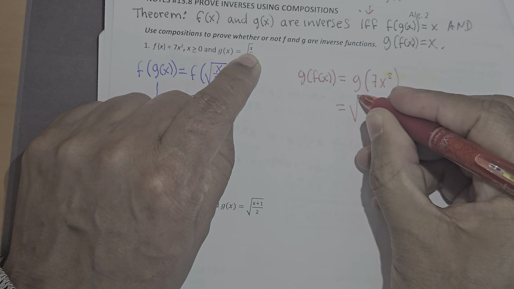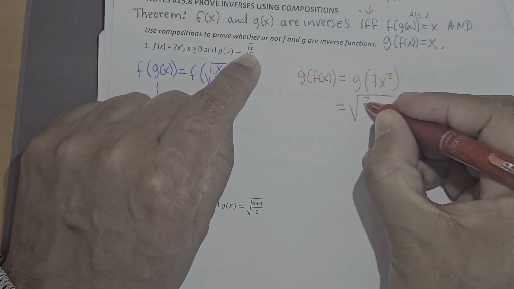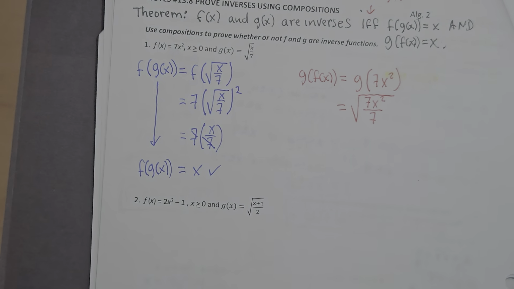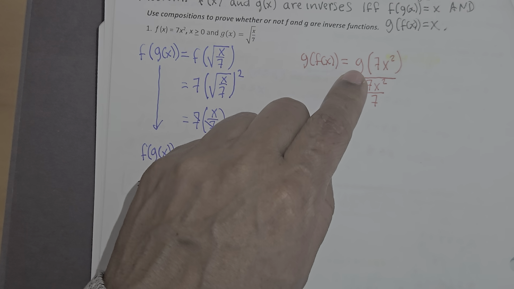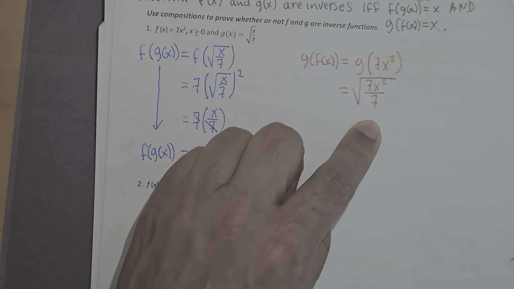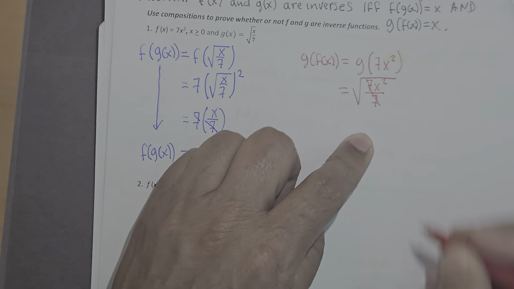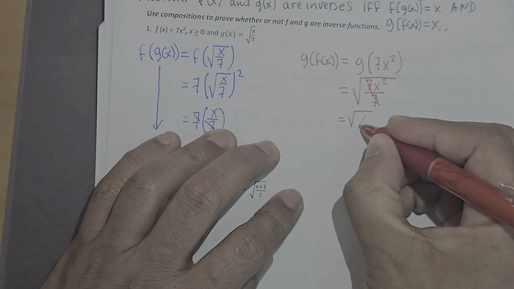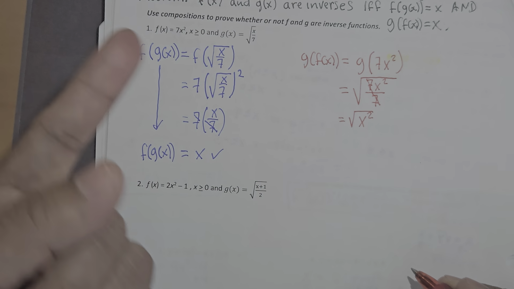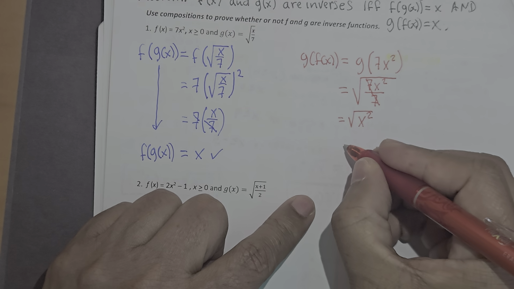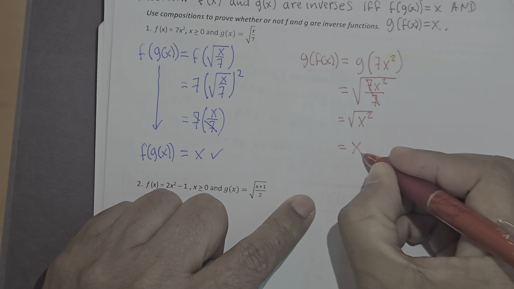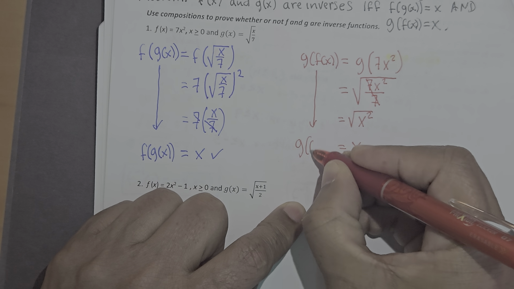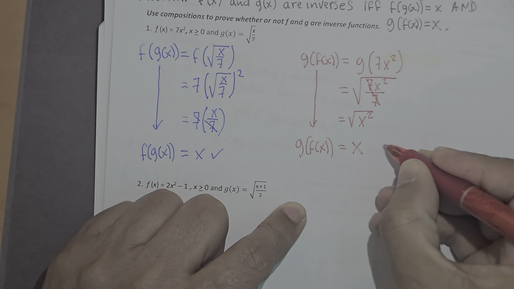So inside of the square root, we have 7x squared over 7. There's a 7 in the numerator and 7 in the denominator, so the 7s reduce to 1. What's left is the square root of x squared. But when you take the square root of x squared, that gives you only x. So this composition also gives you only x.